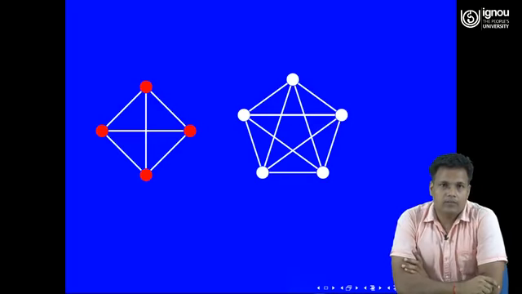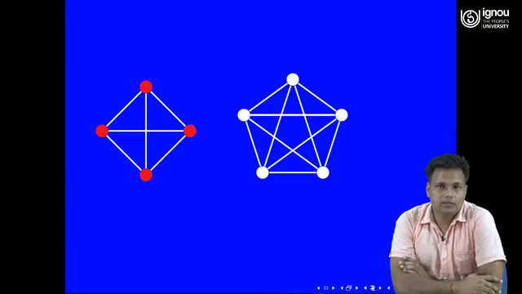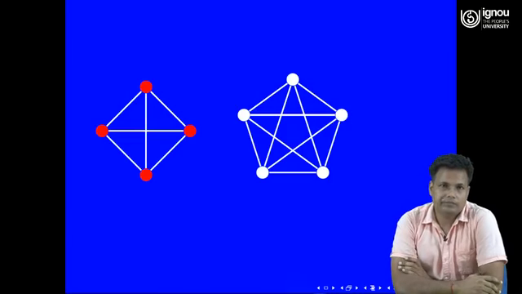Now look at these graphs. The graph on the left has all vertices odd, that is, it has 4 odd vertices. On the other hand, the graph on the right has no vertex of odd degree. That means it has no odd vertices, that is, it has 0 odd vertices.